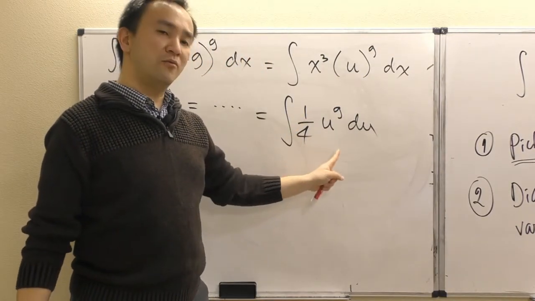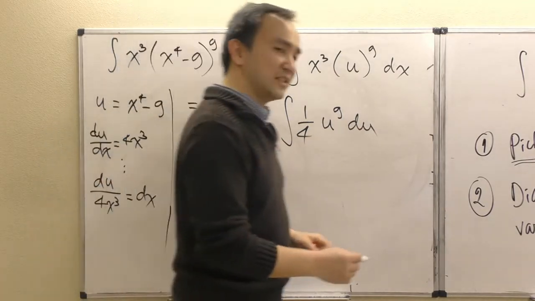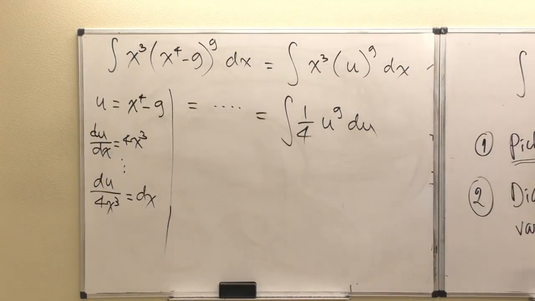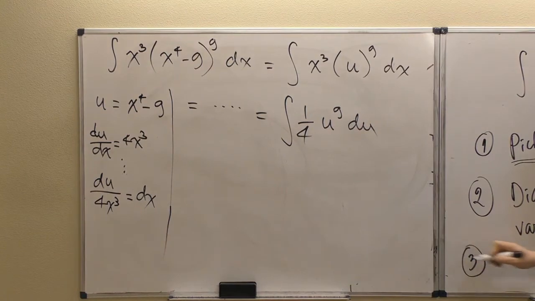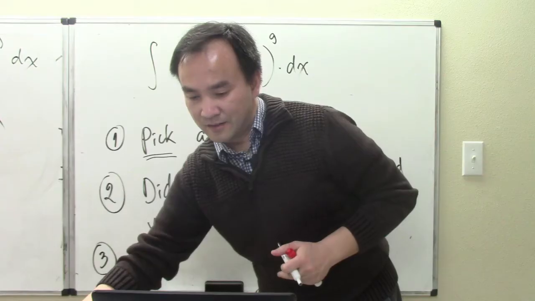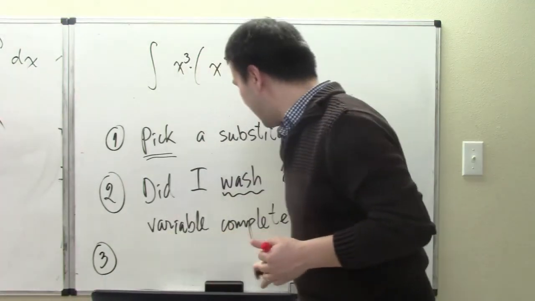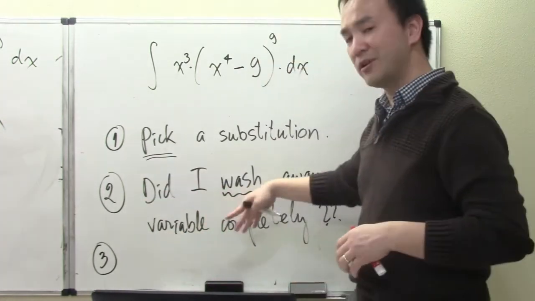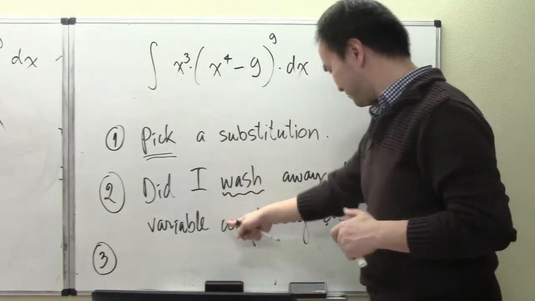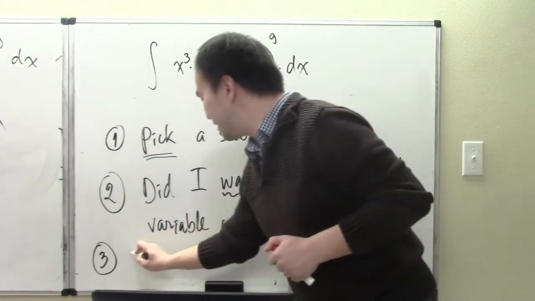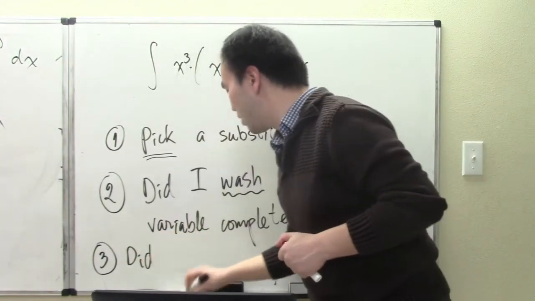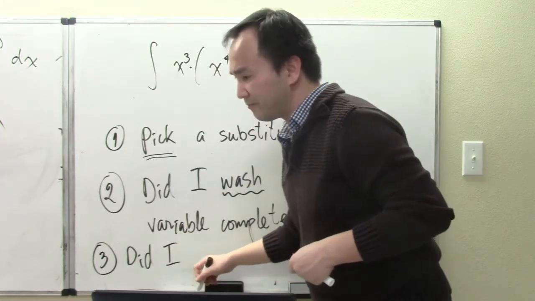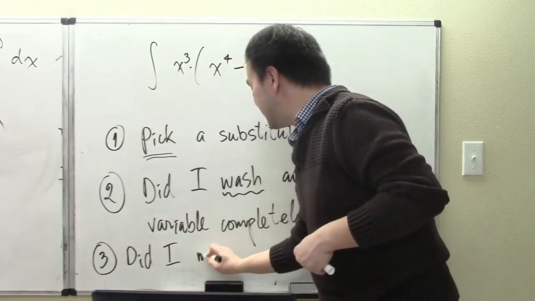So now when we land on something like that, there's a third step right here that I check myself again. Another question: after this step, where you agree to yourself that you have completely washed away the old variable, now I bring up the next question.